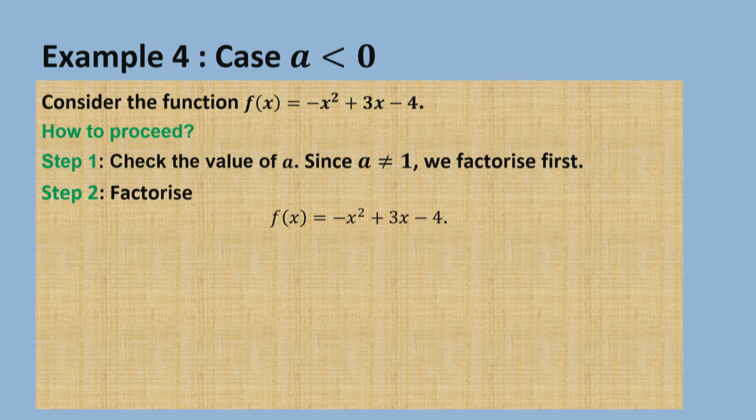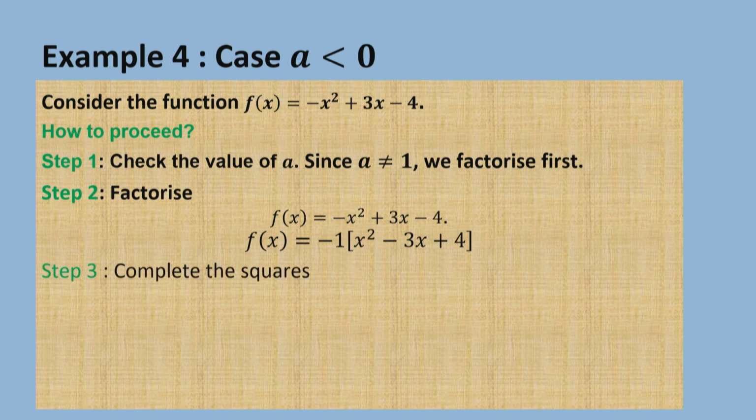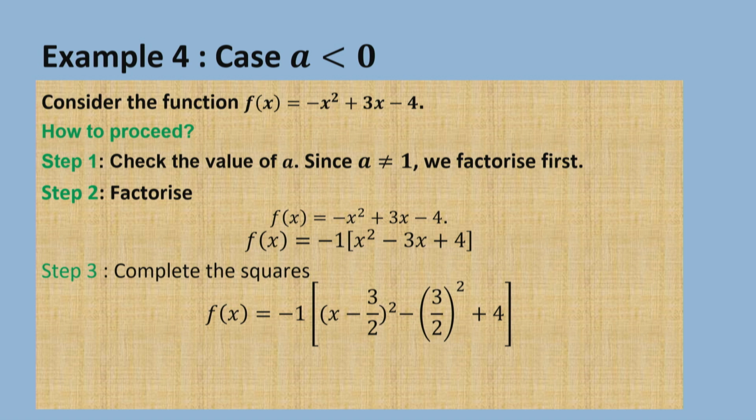That is, you will remove the negative 1 outside the brackets. So that's -1[x² - 3x + 4]. Just be careful here, you need to change the sign. So complete the squares. That will be -1[(x - 3/2)² - (3/2)² + 4].